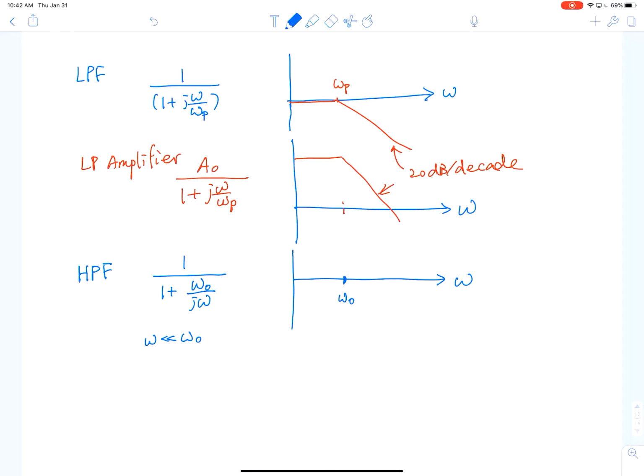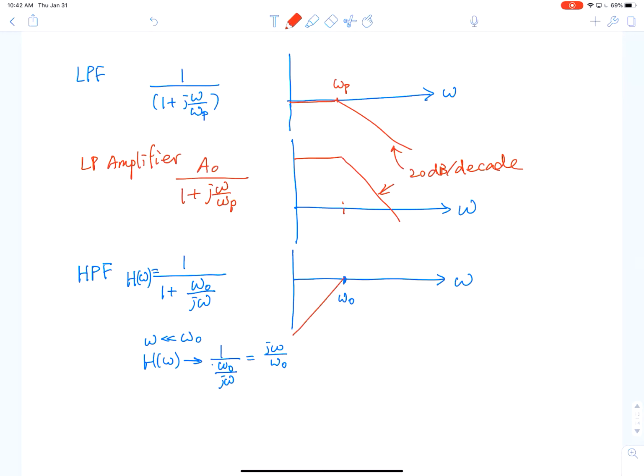So the function, let's call this H of omega, approaches, I'll drop the 1, omega 0 over j omega inverted, which equals j omega over omega 0. So you'll see this is actually a finite slope, and the breakpoint is still here, so I will end up having something like this.